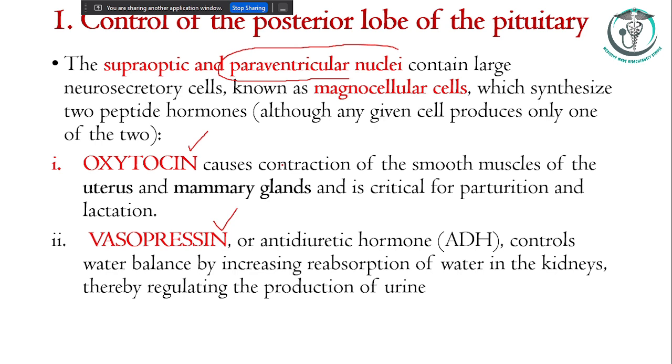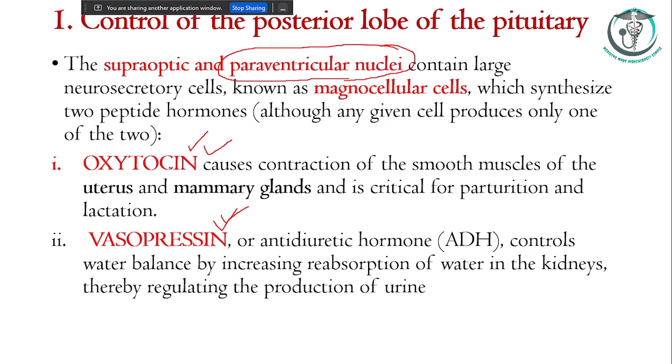Where do they come from? They come from the supraoptic and the paraventricular nuclei. What do these two nuclei have? They have cells known as magnocellular cells. So pay attention to the nuclei and the cells found in those nuclei. These two produce oxytocin and vasopressin, which is your antidiuretic hormone.